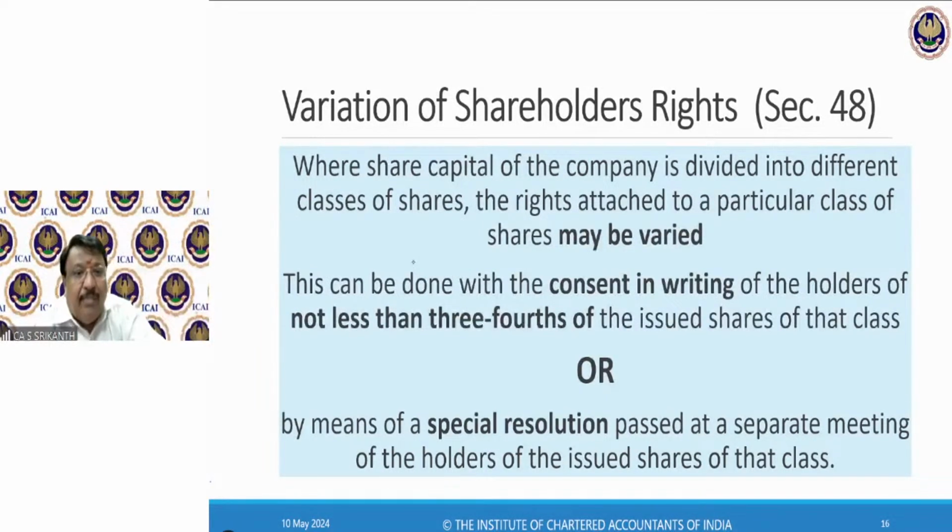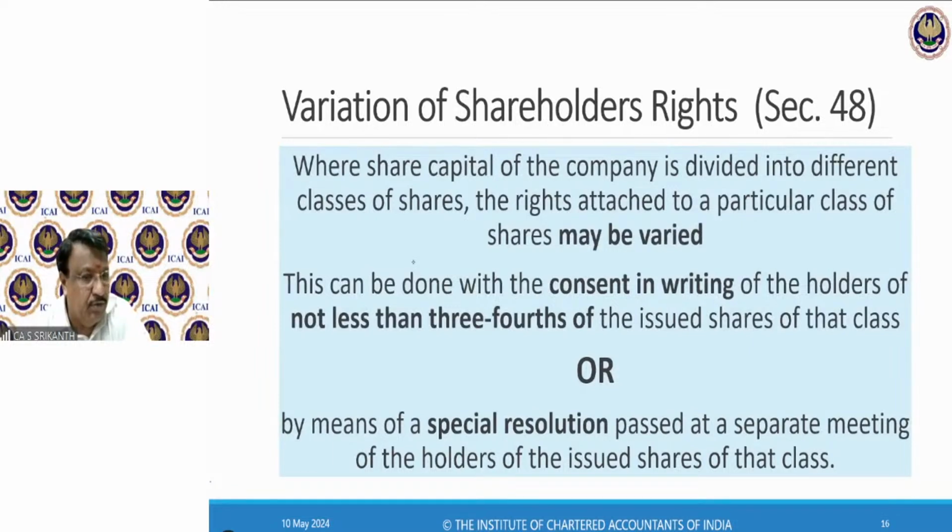And at that separate meeting, amongst those shareholders, they have to pass a special resolution. That is, the number of votes cast in favor by the holders of those shares who are attending that meeting and voting out of that group should be not less than 3 times the number of votes cast against it, if any.